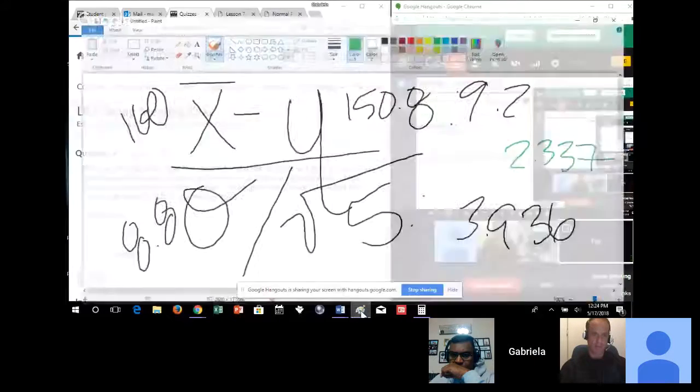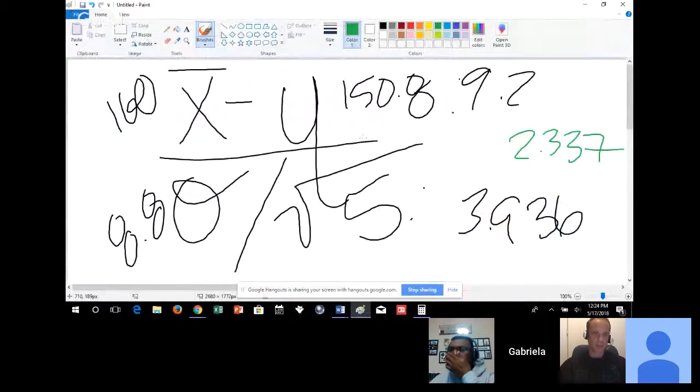So what we're saying is z equals x bar minus the mean divided by the standard deviation divided by the square root of the sample size of 5. So I'll show you what I have. x bar in this instance is 160, correct?